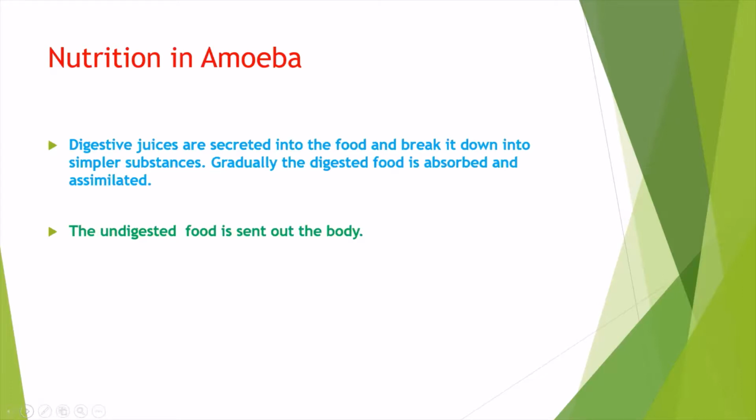Gradually, the digested food is absorbed and assimilated, like holozoic mode of nutrition. Even if this amoeba is very small, it can be considered an animal, can be considered a heterotroph. It exhibits holozoic mode of nutrition. So the undigested food or the waste is sent out of the body through egestion.